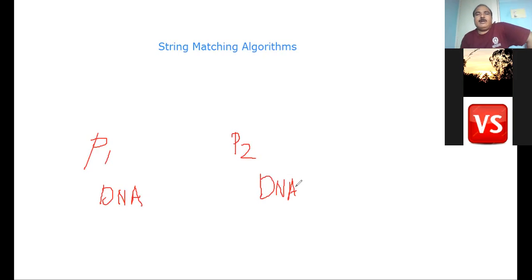Now, to find how these two individuals, P1 and P2, are similar with respect to their characteristics, their behavior, their hobbies, or any other features, we need string matching algorithms.